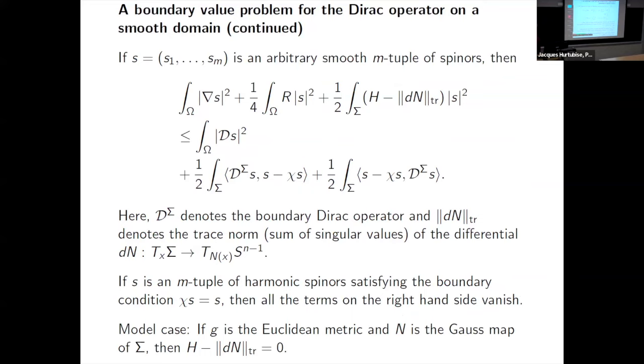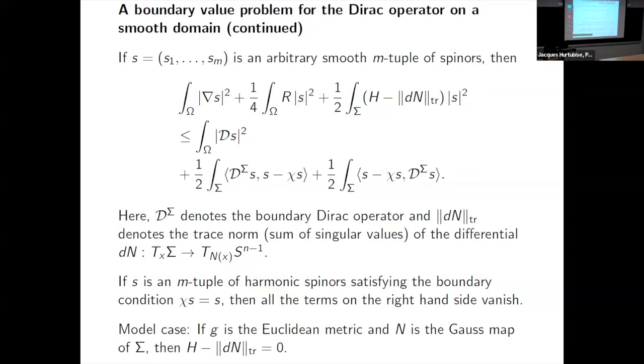In this case, this requires some additional calculations because you have a boundary condition and the boundary condition depends on the map N. So if you plug a section of this bundle into the Weitzenböck formula and integrate, you get boundary terms. And here's how they look. Basically in the formula, you have a term in the inside that involves an L2 norm of the covariant derivative of this n-tuple of spinors.